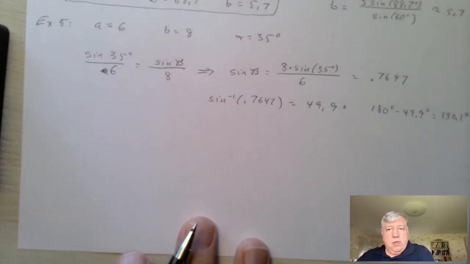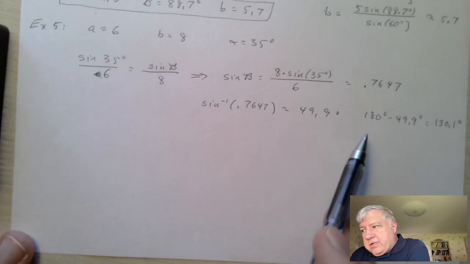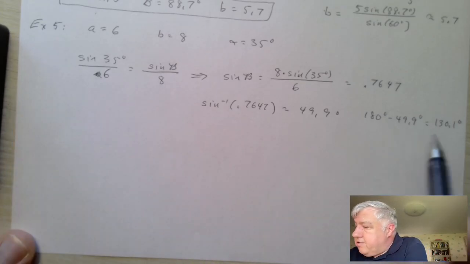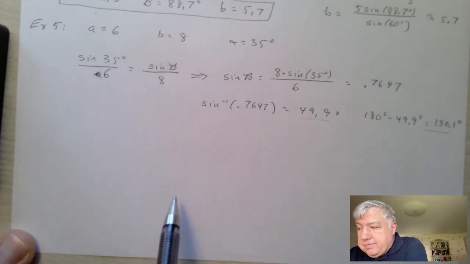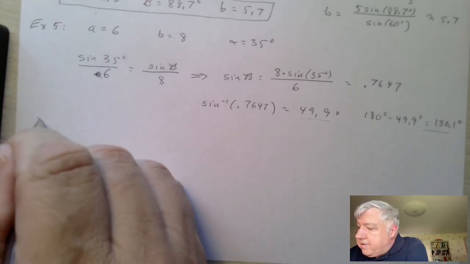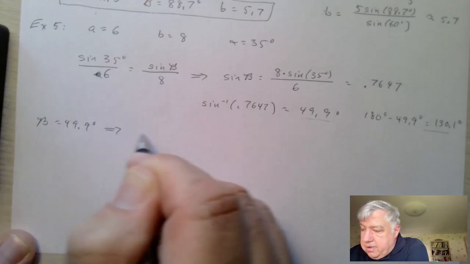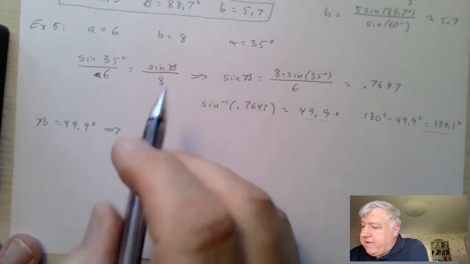So let's consider these two cases. These are the two possibilities for beta. If beta is 49.9 degrees, we want to find what gamma is.